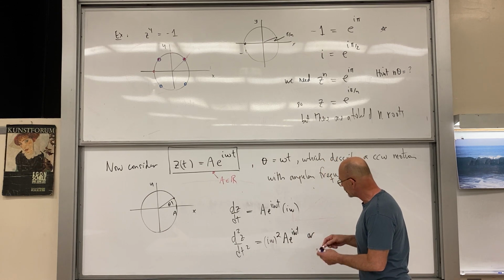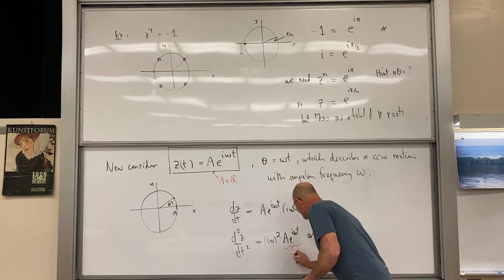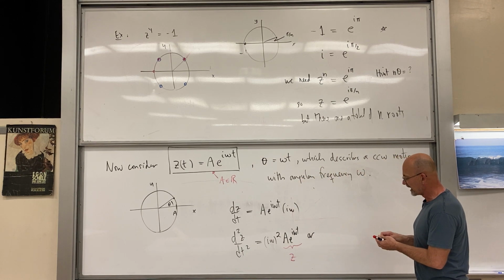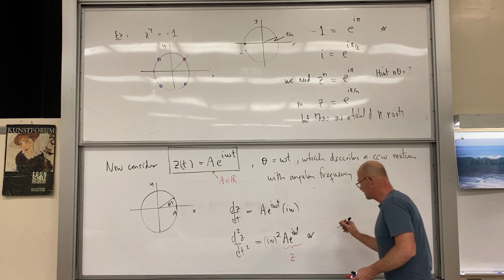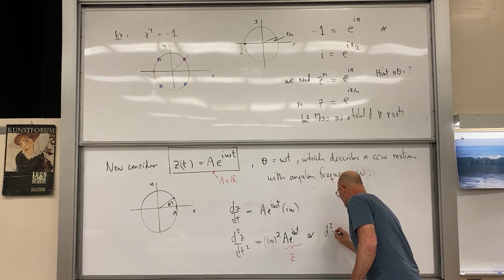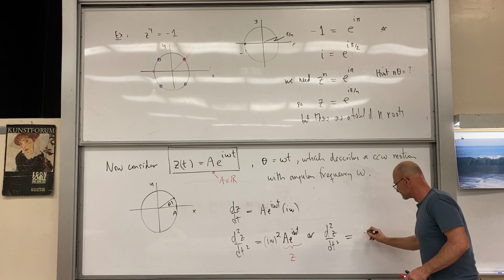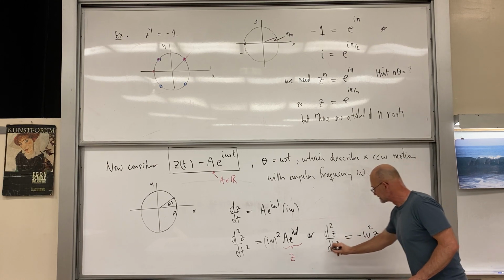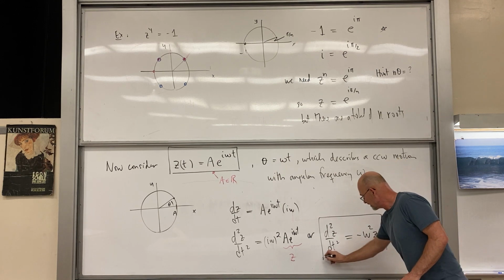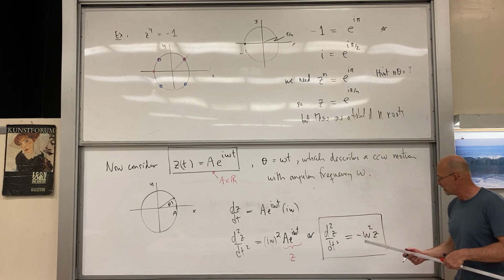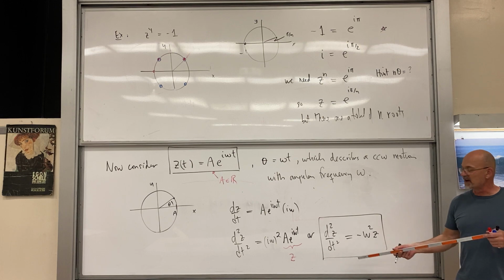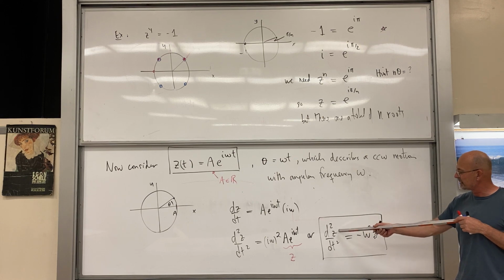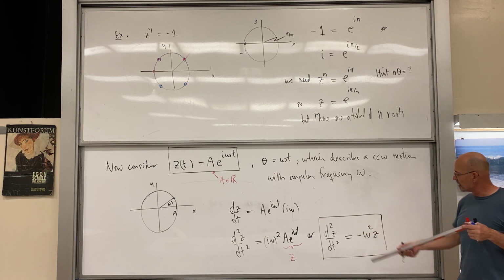Or, since this is the original number z in the first place, we have d squared z/dt squared is equal to minus omega squared z, which is our linear differential equation with constant coefficients, except now with the complex number instead of a real number.